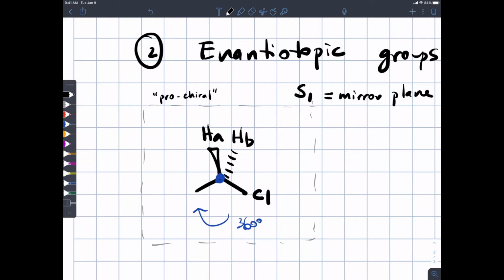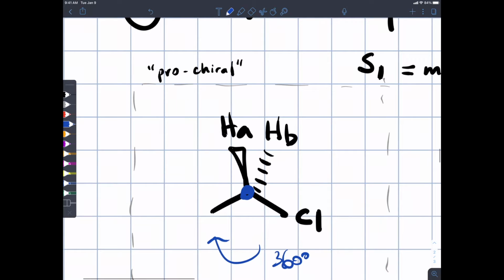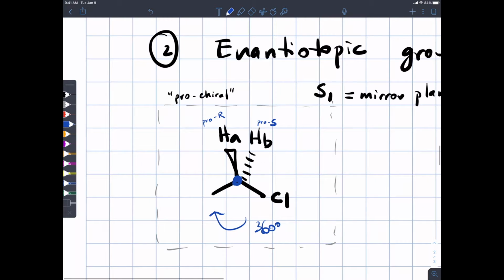So sometimes there's some terminology that you may hear of. They'll call this the pro-R proton because if you replace this with, say, deuterium and then assigned priority 1, 2, and 3, this would be an R. This stereocenter would have R configuration, whereas if you replace the proton in the back with, say, deuterium, the stereochemical configuration would be S. So sometimes people call this a pro-S proton.